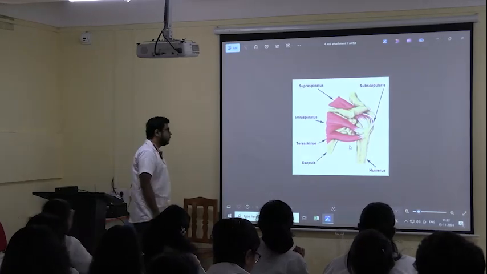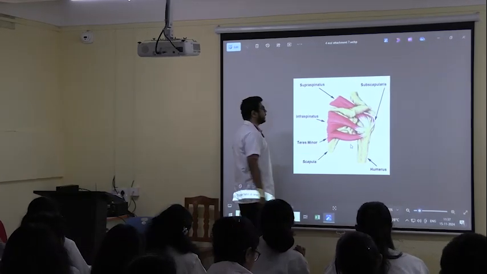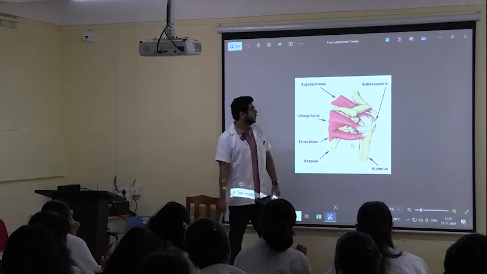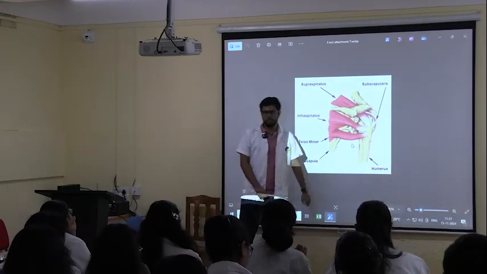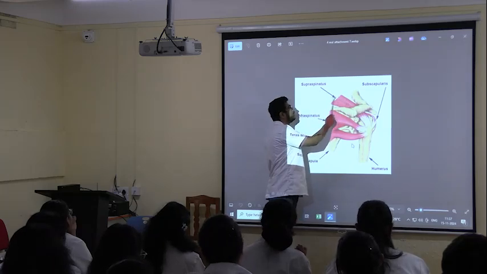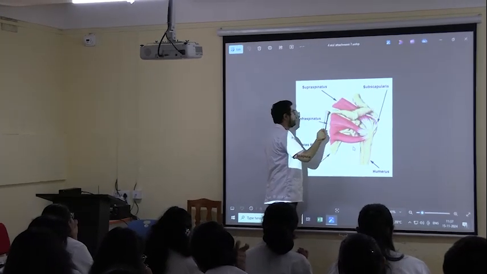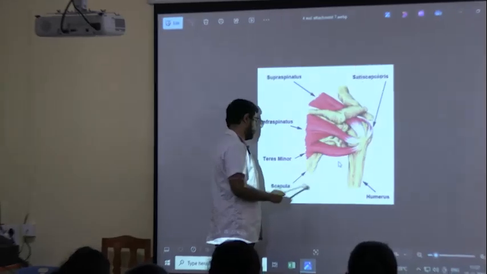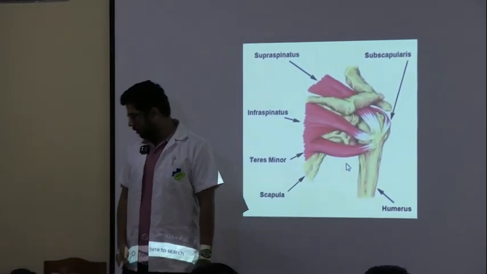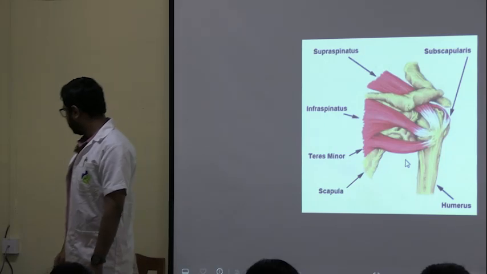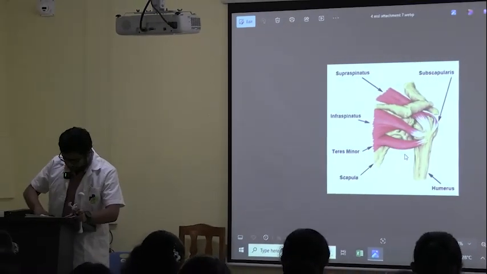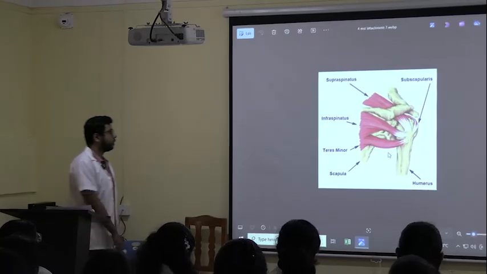As you can see, this is humerus. This is scapula. So during scapula, you are told that supraspinatus muscle attaches here, infraspinatus attaches here, teres minor attaches here. Okay. So if you attend all the class, you will be able to link the dots.